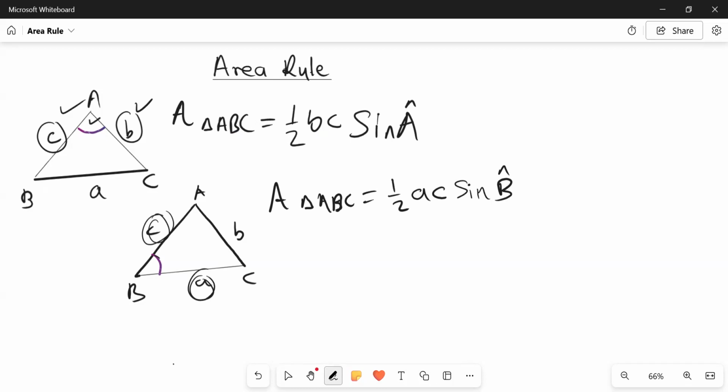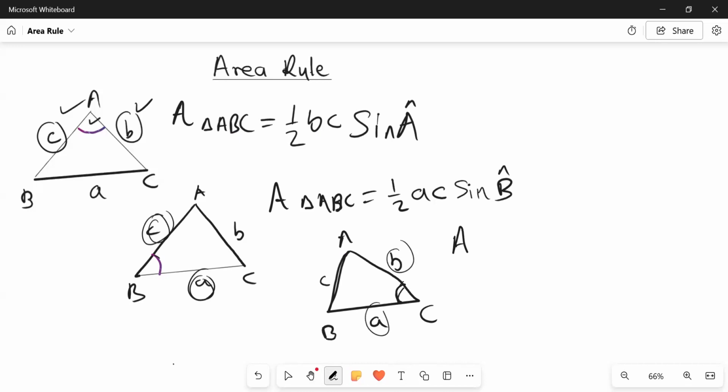Same applies to when we are given your A there, B, C, that's an included angle, which is our C there. And then now C is our included angle between b and a, right?